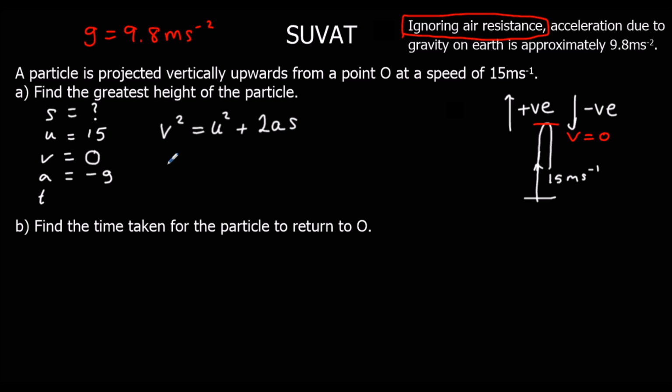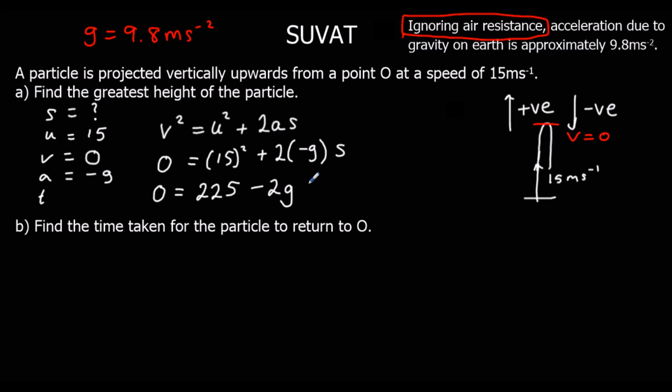Substituting in, v is 0, so 0 squared is 0, equals u squared, 15 squared, plus 2 times negative g times s. 0 equals 225 minus 2gs. If we add 2gs to both sides, 2gs equals 225. So s is 225 over 2g meters.